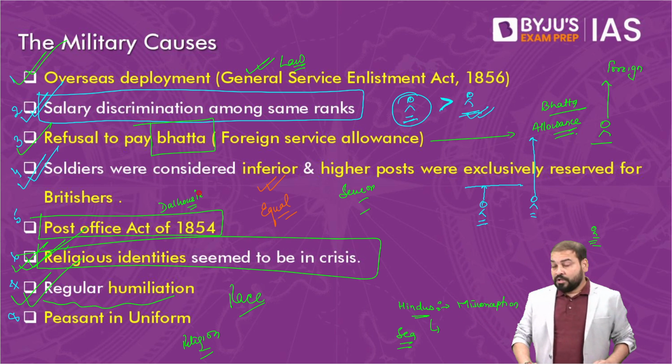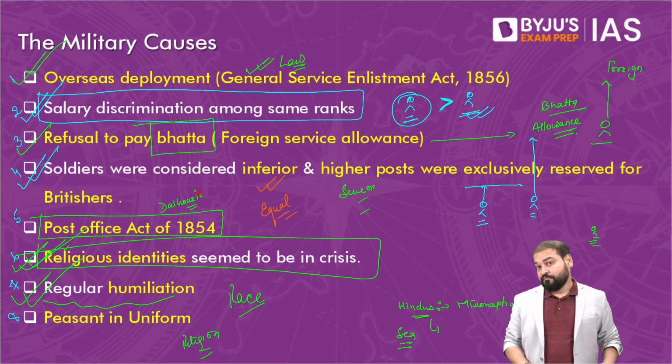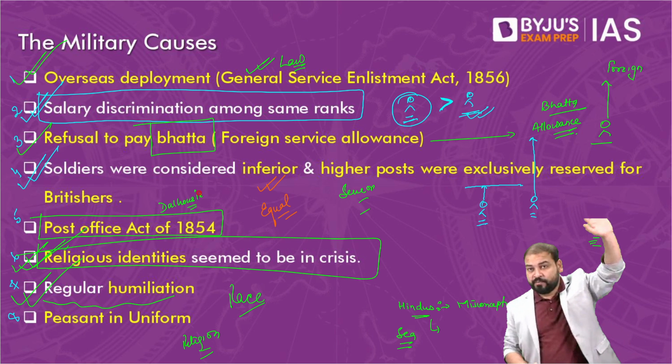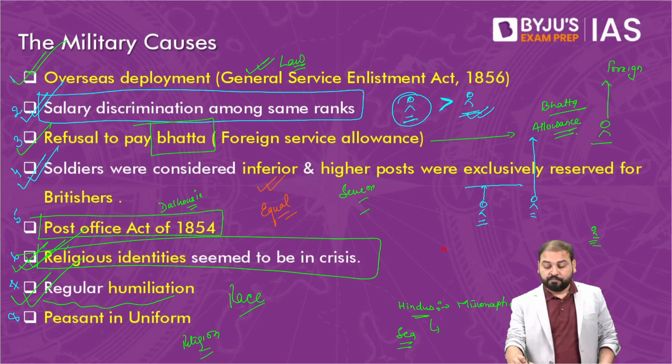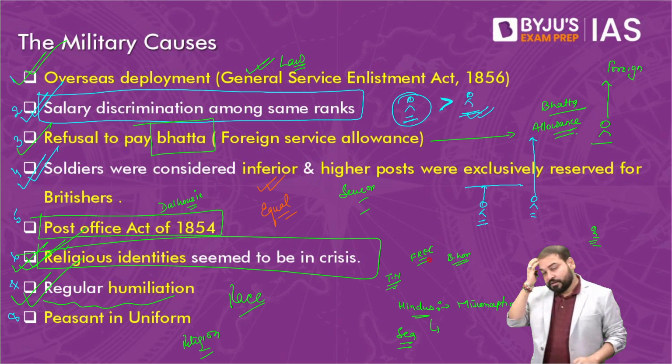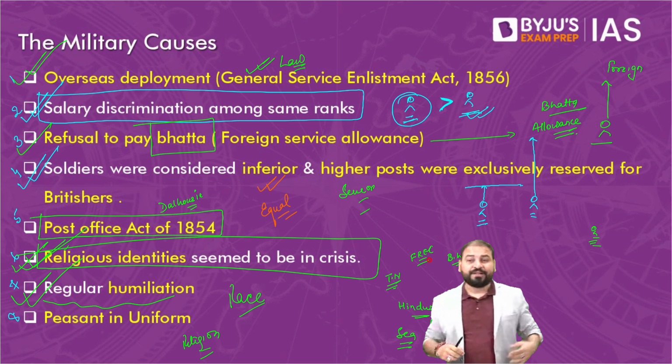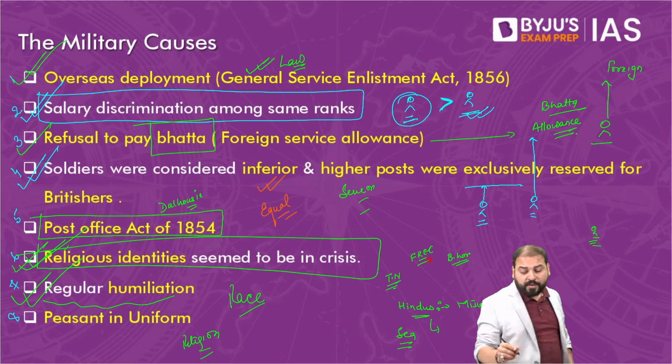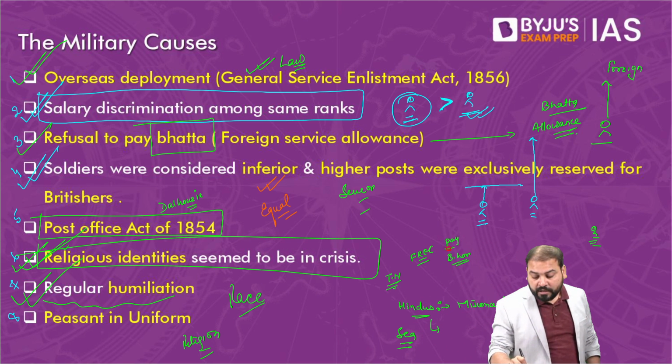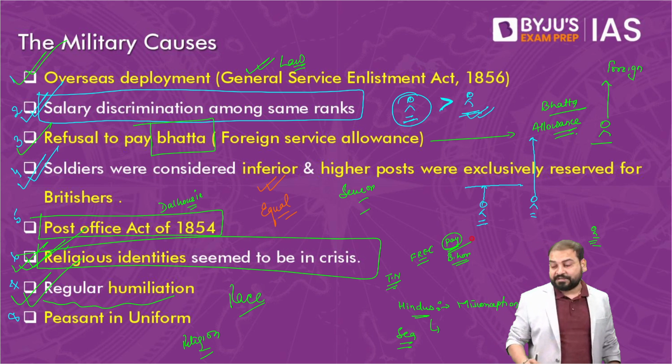Now understand, before this act, Rohit Kumar, a soldier posted in Bihar, writing a letter to his family in Tamil Nadu, Madras, this letter was free of cost. Now, after this act, Rohit Kumar also has to pay for this letter.